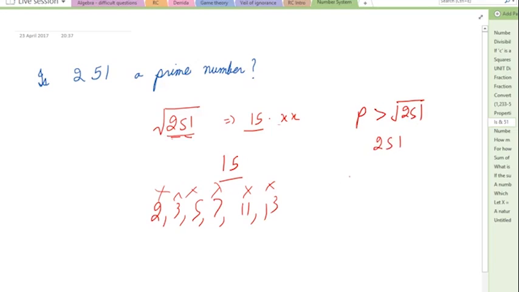Then 251 by p will also be a factor of 251, because it has to be p into something which will make it 251, and this something will have to be less than root 251, right? Because otherwise the number will become greater than 251. So that's why there has to be a factor below the square root of 251. If you do not understand this, don't worry about it. Just know how to find out the numbers. If you do understand it, great. It might be useful. It won't be useful, but it will satisfy your intellectual curiosity a bit.